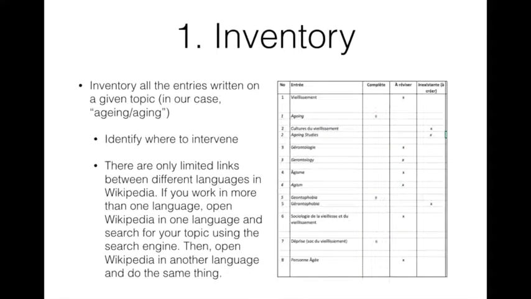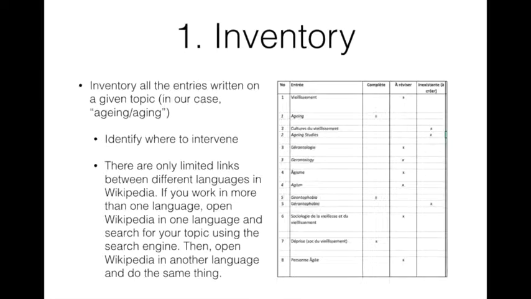So if you want to get a given topic, in our case this was aging, into Wikipedia, your first task is to produce an inventory of what's already there. When we started, we looked at the English language Wikipedia and also at the French language Wikipedia, and we had a list of keywords that we put in the search engine of Wikipedia just to find out what has been written about aging, what was already there.